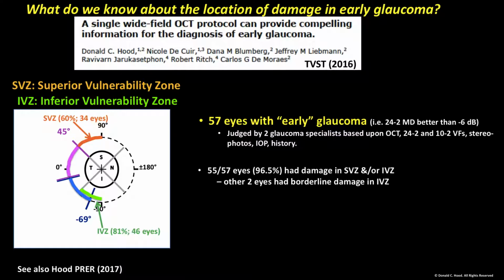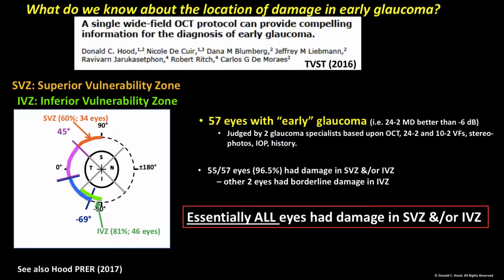Overall, all but 2 of the eyes had clear damage in either the superior vulnerability zone or the inferior vulnerability zone, as indicated by retinal nerve fiber layer thinning dipping into the red on the retinal nerve fiber layer scans. Right? The other 2 actually were borderline. So essentially, all these eyes had damage in the superior and or inferior vulnerability zones.